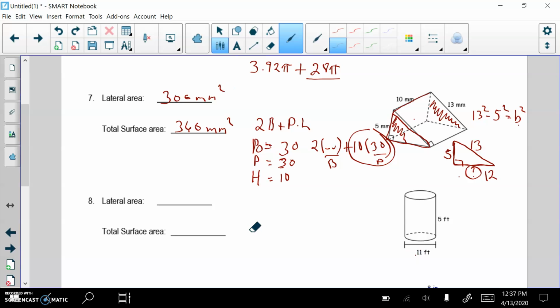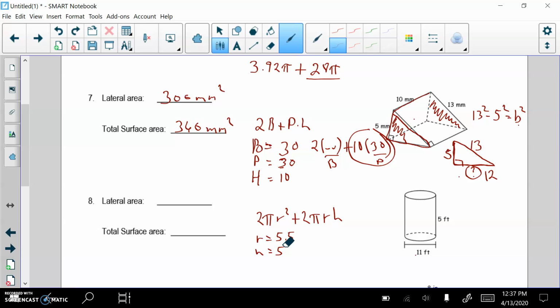Equation, 2 pi r squared plus 2 pi r h. Two variables only. R is 5.5, h is 5, and I'm going to pick up my calculator and calculate this out.